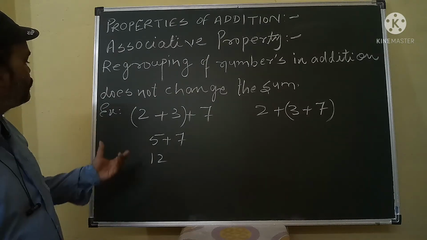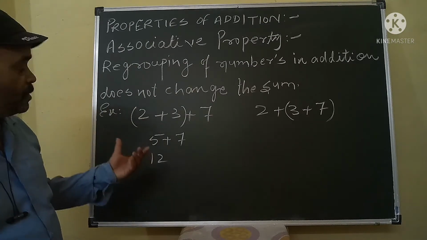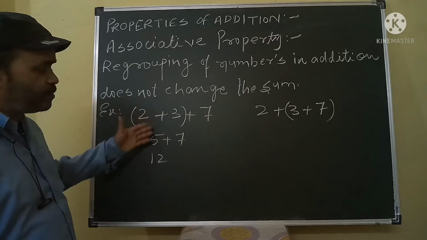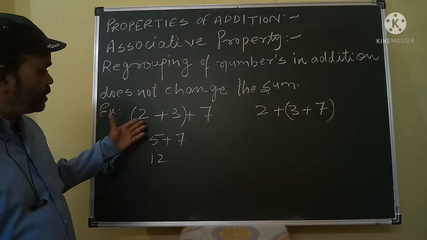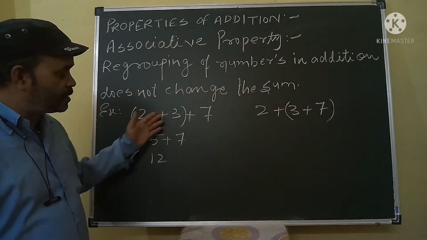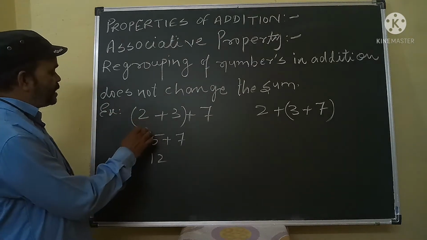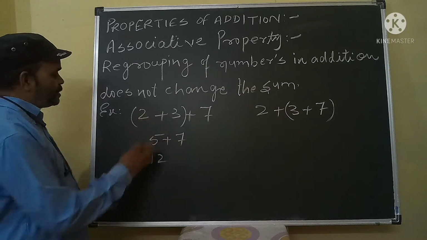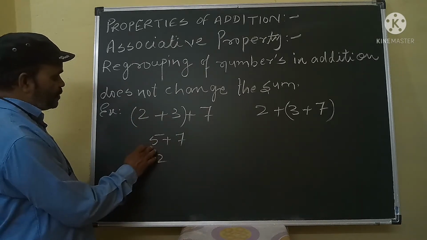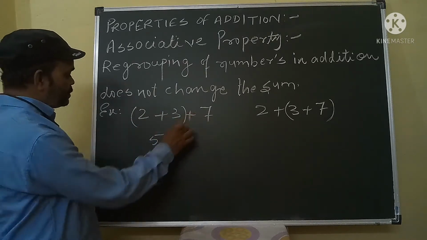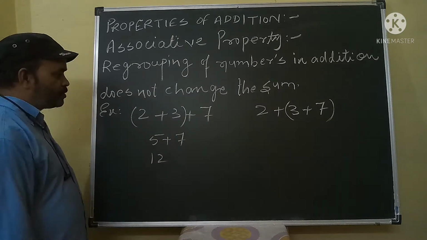Please keep in mind, in mathematics, first we solve the bracket terms. Here, 2 and 3 are in the bracket. 2 plus 3 will give you 5, plus 7 gives 12.